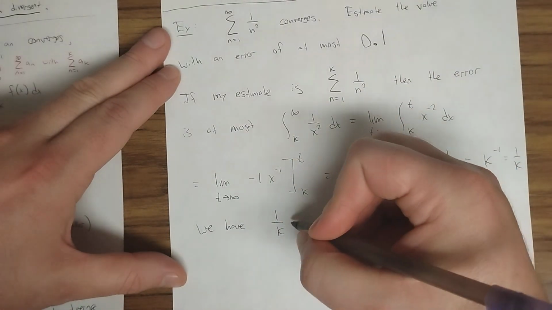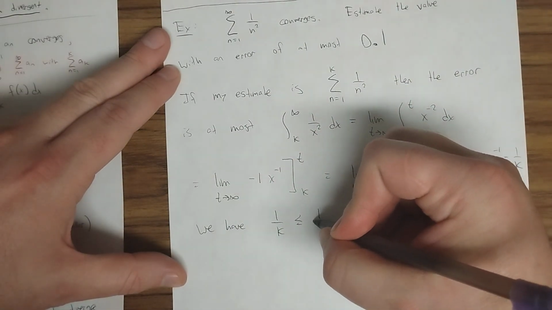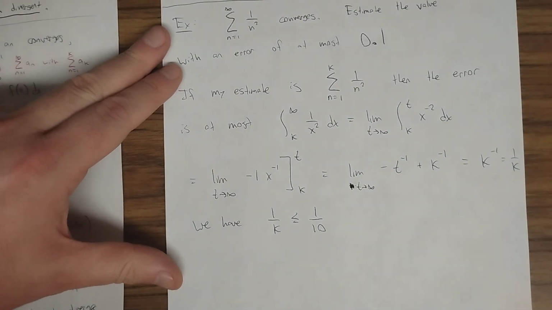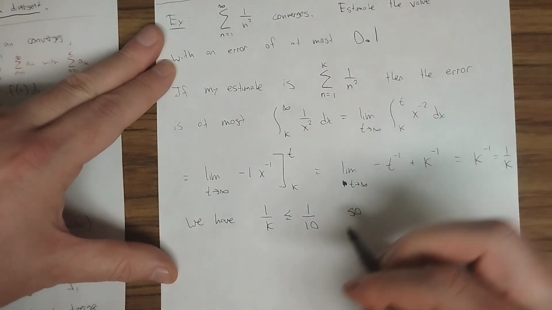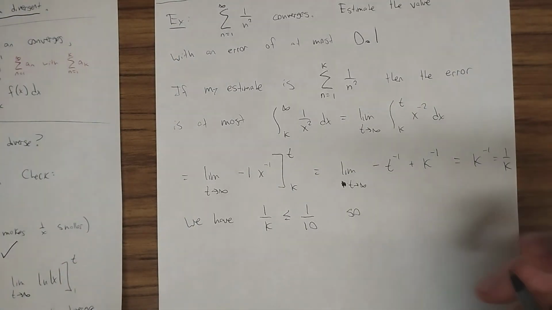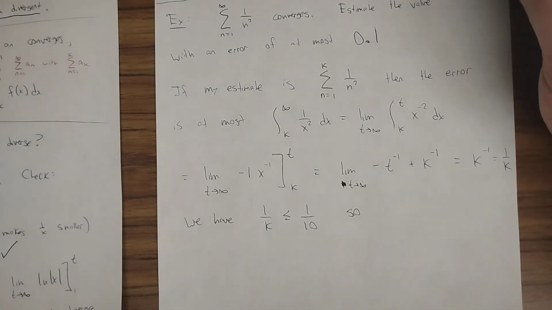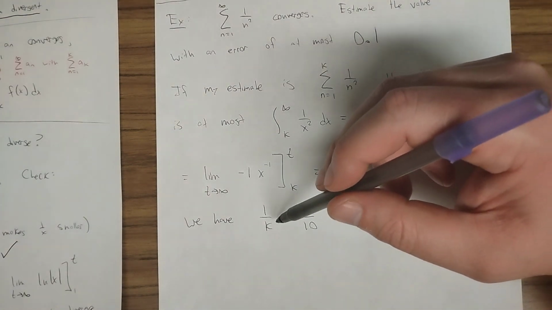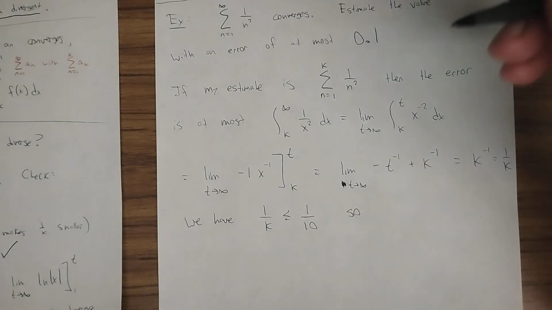So I want this error to be at most, here I'll write 1/10. So what value of k do I need to pick to make that true? And keep in mind, it's going to be less work for me if I choose a smaller value of k. So the smallest value of k I can pick to make this true is 10.